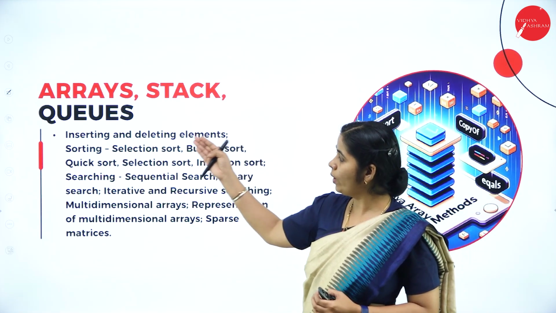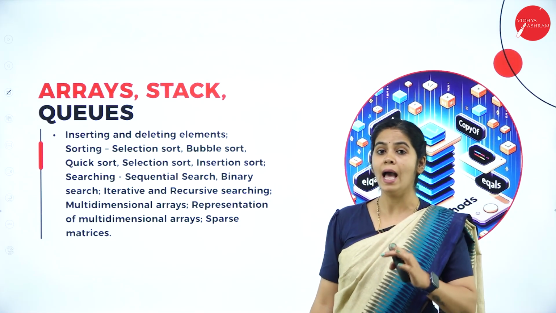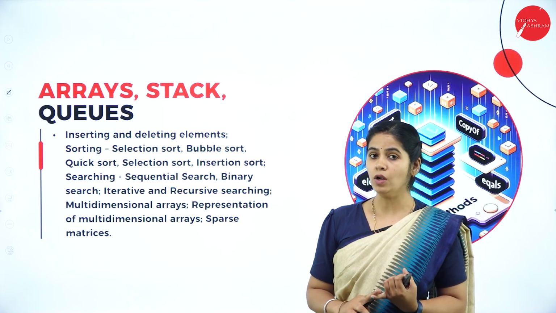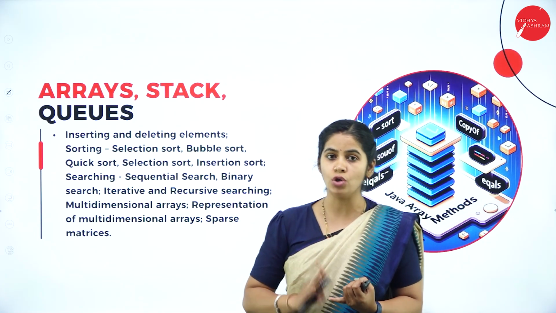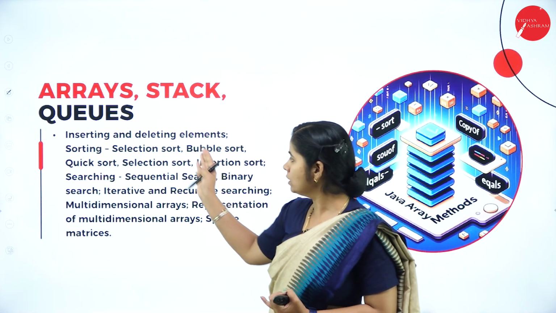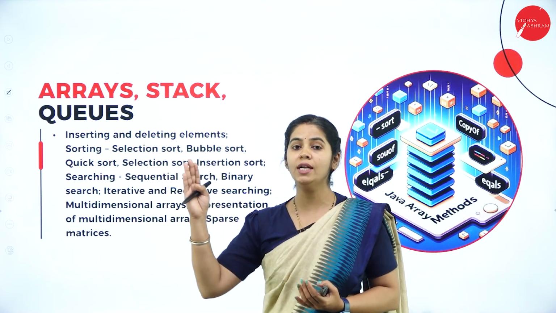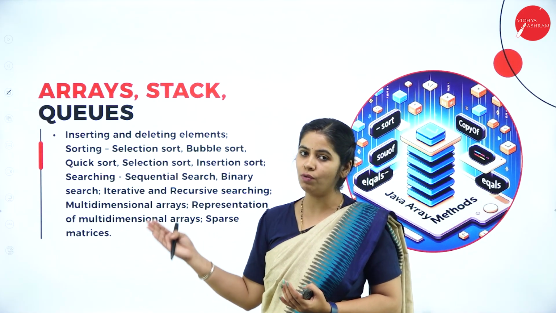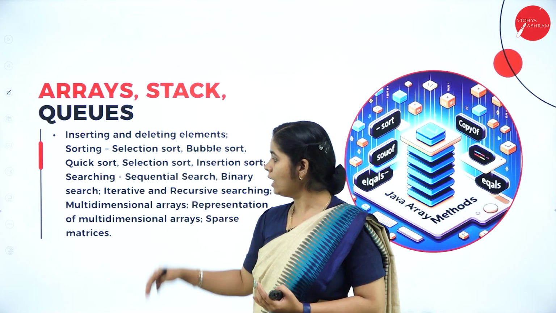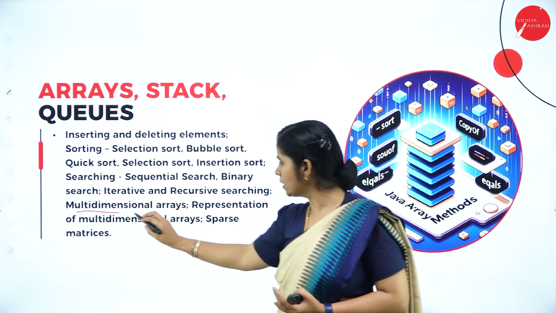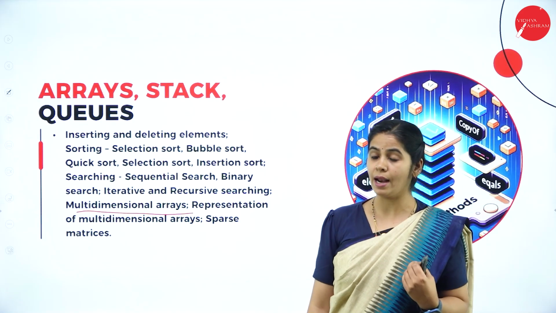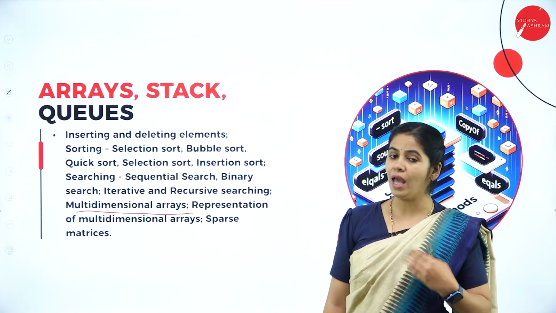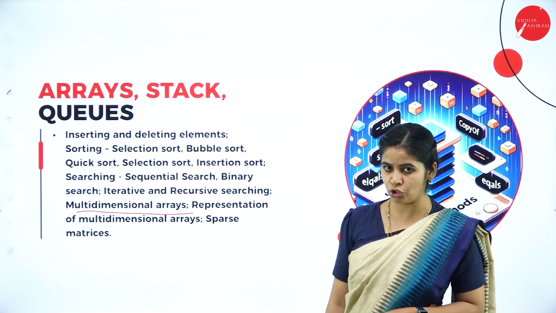These are all done with the help of arrays. The main concept of data structures is sorting and searching. There are different techniques of sorting and searching we will discuss using arrays, along with multi-dimensional array representation and where we use multi-dimensional arrays.